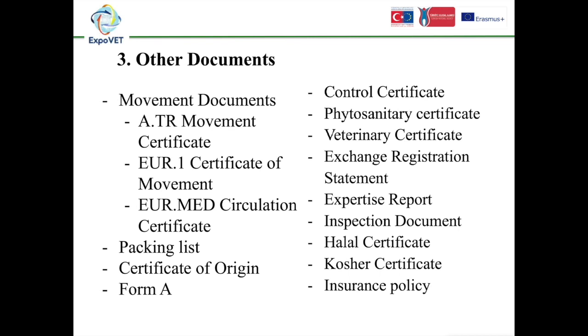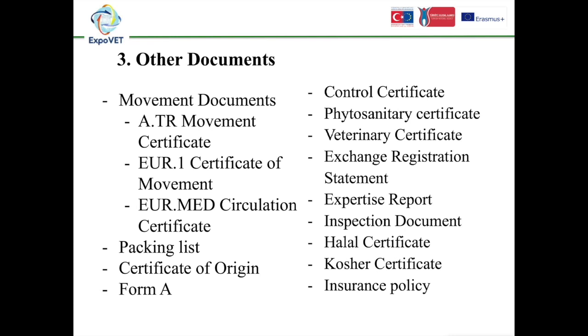For goods in free circulation in the customs territory of the Turkey-EU Customs Union, a separate certificate of origin is not required. Goods containing the ATR movement certificate issued by the competent authorities of the exporting country and visaed by the customs administration benefit from the preferential regime within the framework of the Turkey-EU Customs Union.